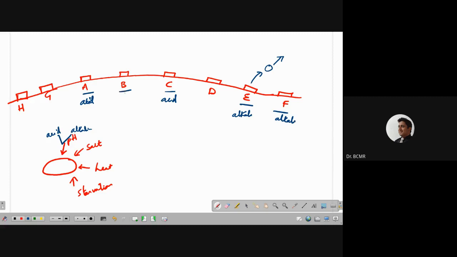And say B is for heat and D is also for heat. And say H and G are for starvation. I'm just making up a scenario. When do you want these genes to be produced? Do you want all these genes to be produced? If it is in optimal conditions, you don't want any of these genes expressed.